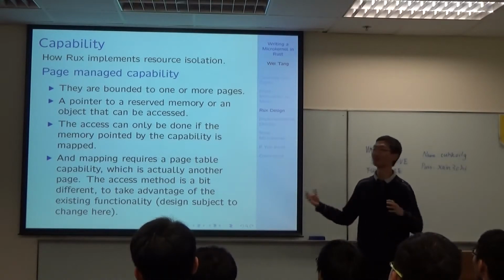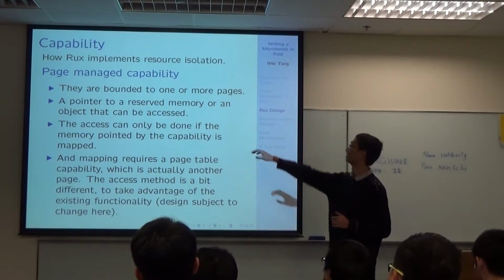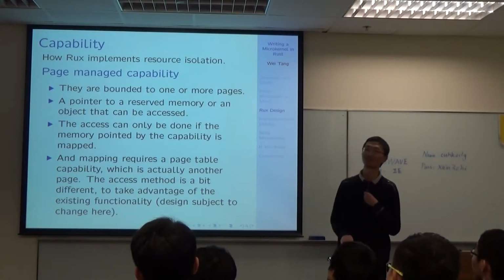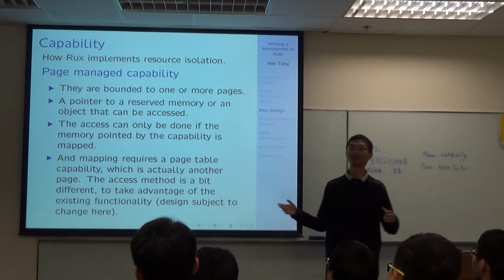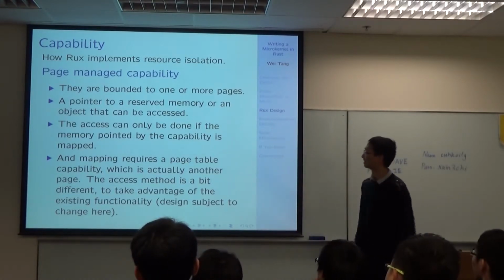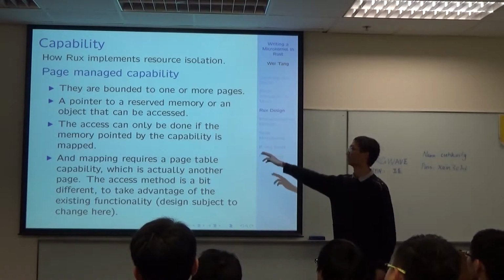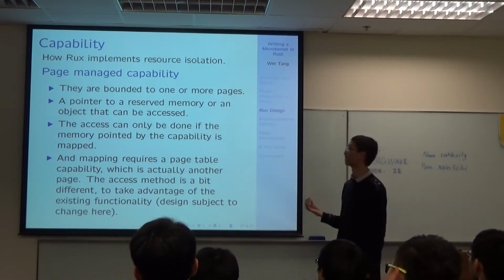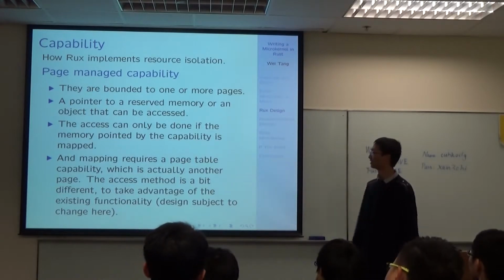So it's a pointer that points to a reserved memory of an object that can be accessed. So when you want to access this memory, you need to first map this page. And of course, you need to use this capability to map this page. And when the page is mapped, you can access the object.